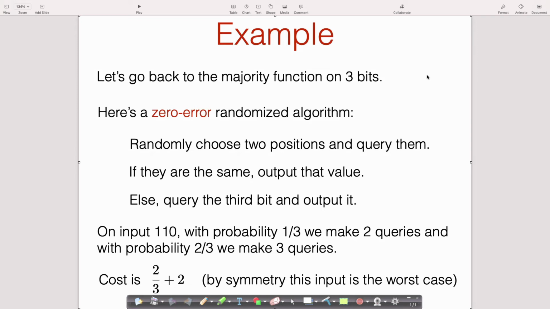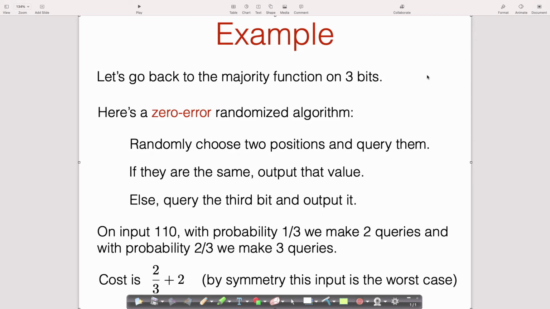So if we see 2 1s, then we know the majority of the bits of the input are 1, so we can output 1. And likewise, if we see 2 0s, then the majority of the bits of the input cannot be 1, so we can output 0. Otherwise, if we see a 0 and a 1, then we don't have enough information yet to determine the answer. So in that case, we query the 3rd bit and output it.